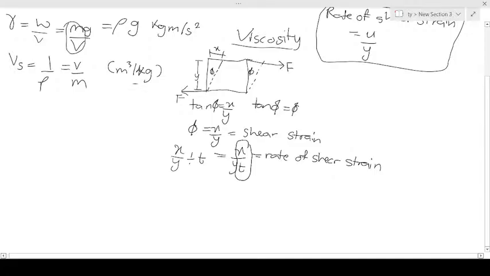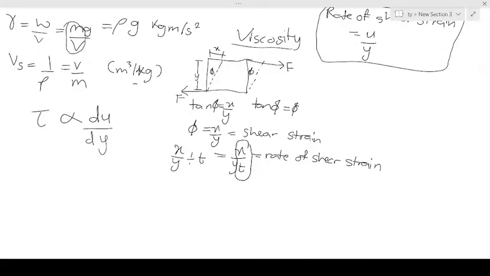So now when we take the shear stress at any point in a fluid, which is tau, it is directly proportional to the change in velocity over the change in the displacement. And this forms the fundamental formula for viscosity.